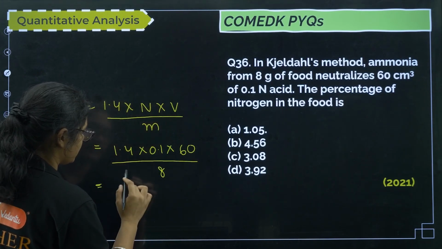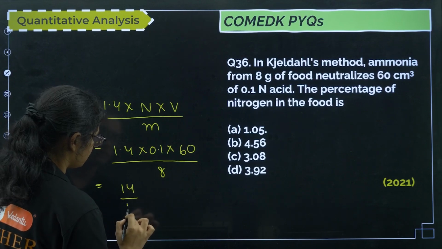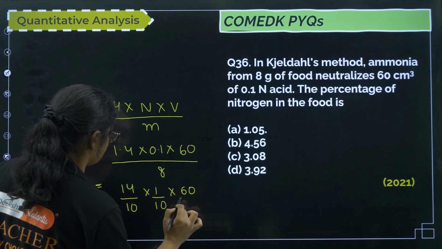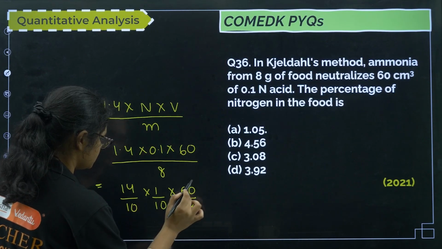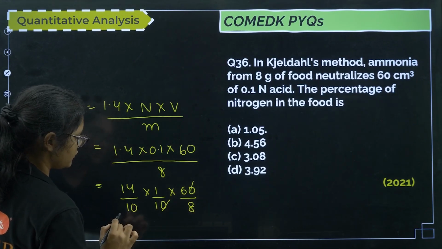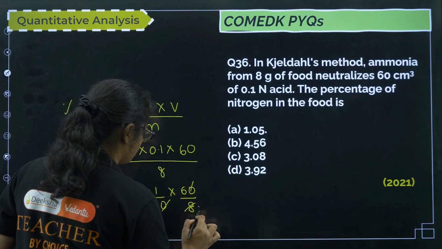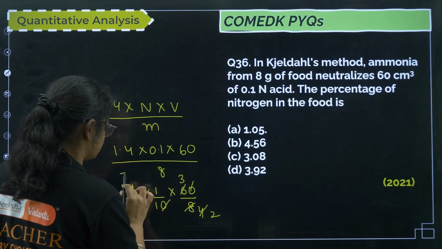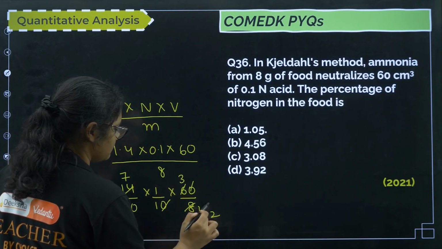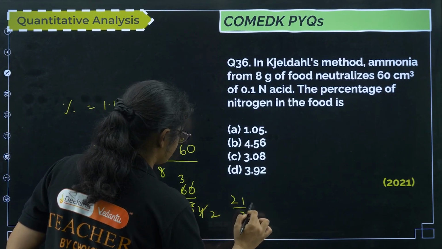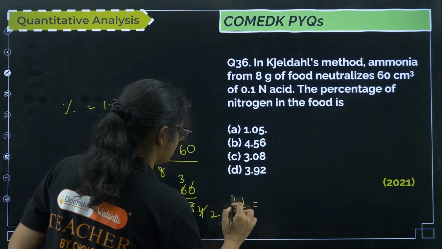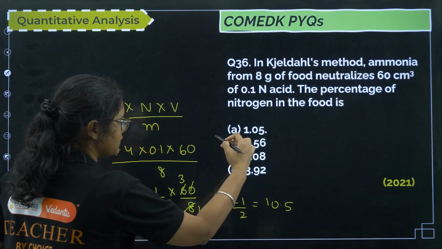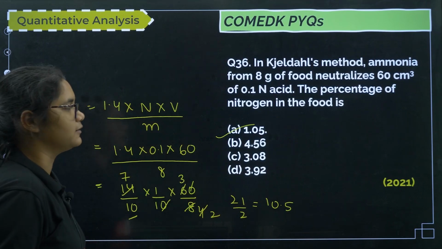So I can write it like this, 14 by 10, 1 by 10, 60 by 8. Okay, so this can be cancelled. You will get now 2 4s are 8, 2 3s are 6, 2 2s are 4 and 2 7s are 14. So 7 3s are 21 by 2. Okay, so 21 by 2 I can take like this, 10.5. Again divided by 10, so 1.05, option number A here.